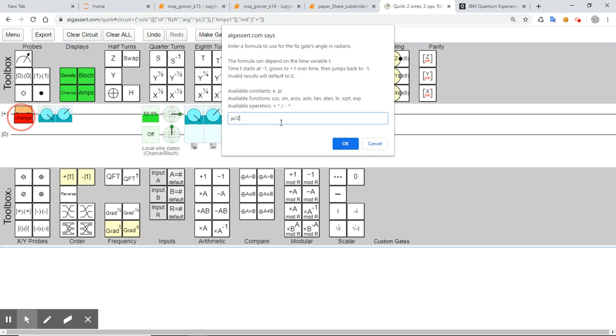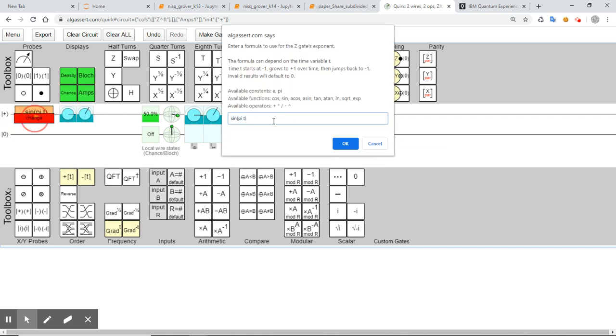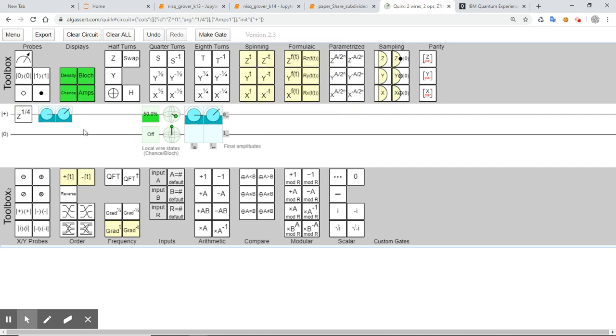If it's pi divided by 4, then you've got a relative phase of about 45 degrees, right? And that should be equivalent to this state. Basically 1/4.